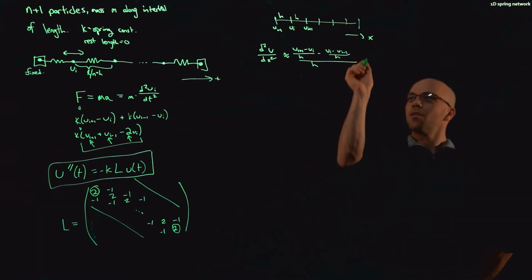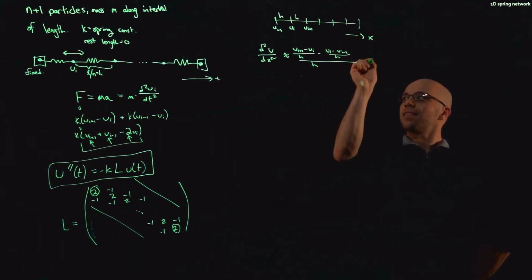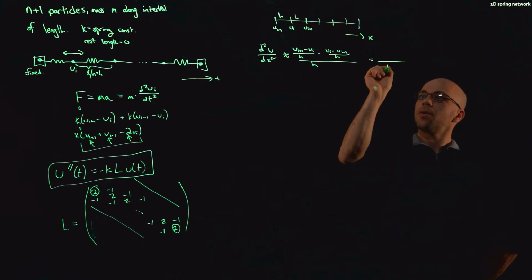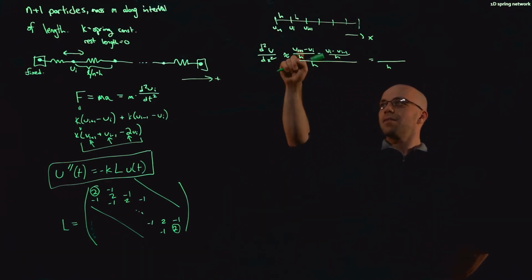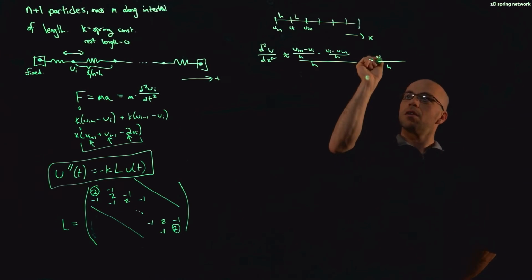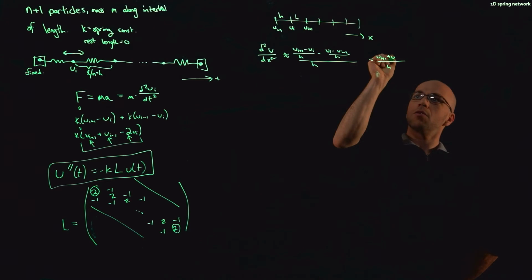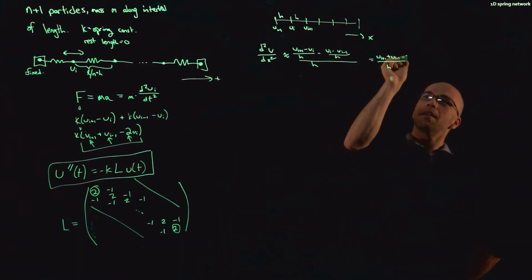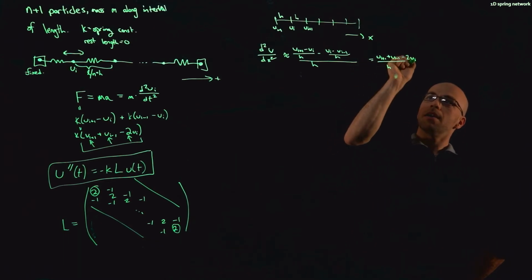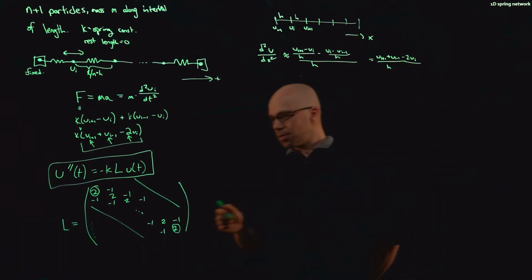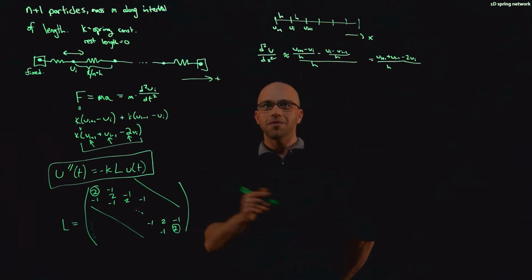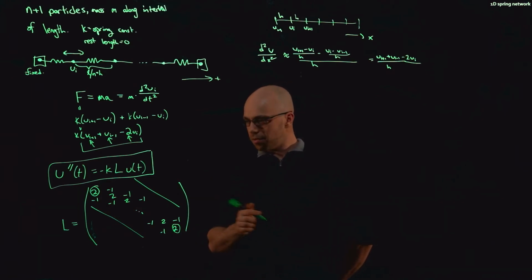And of course, what do we see? Well, we can factor out 1 over h squared. And in the numerator, we have ui plus 1 plus ui minus 1 minus 2 ui. And take a look. That, up to sign, looks an awful lot like what we've written here.